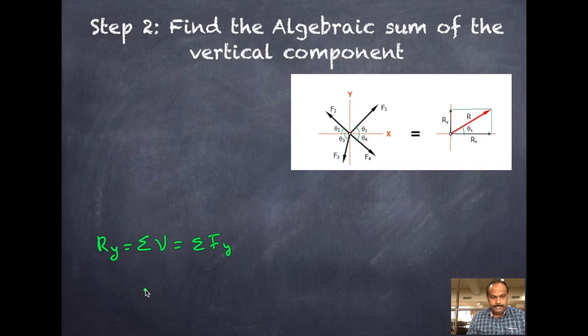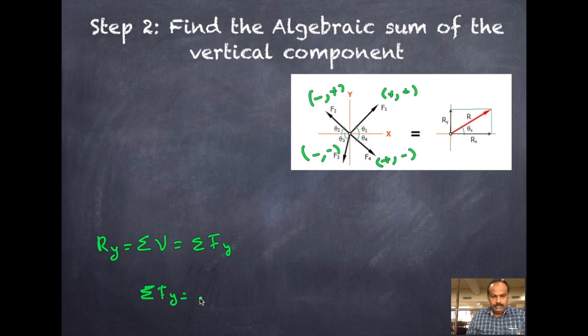Sigma Fy is equal to, so again, try this until you are thorough with it. Even if you are thorough with this, if you practice this, you won't make mistakes in signs of vertical as well as horizontal components. This side will be opposite, so that will be plus, minus, and this side will be both negative. Okay, so let's do it.